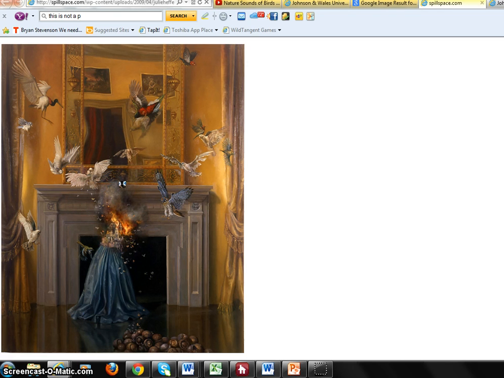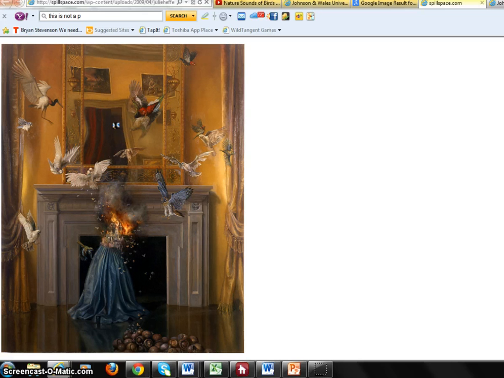You could also look at the placement of the items inside of the mirror here, and notice that there's another doorway or another frame there of some type, and that there's red inside of it, and then you could discuss what you think the red might mean. But anyway, those are just some ideas.